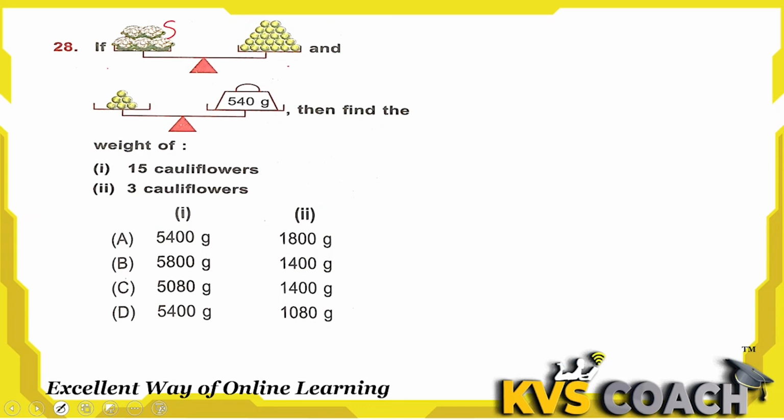That means five cauliflowers, and here it is cabbage. 1, 2, 3, 4, 5, 6, 7, 8, 9, 10, 11, 12, 13, 14, 15, 16, 17, 18, 19, 20, and 20 cabbage.